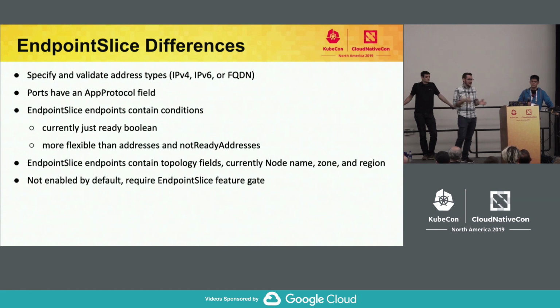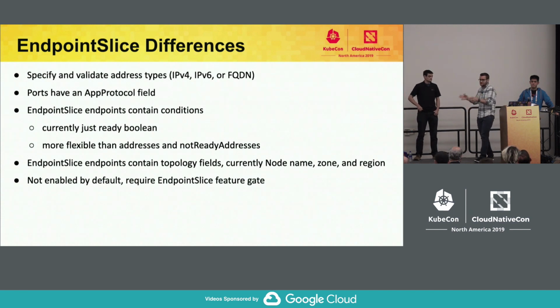Ports also now have an app protocol field. So we already have a protocol field on all ports in Kubernetes, but that's L4, TCP, UDP, et cetera. Whereas with this app protocol field, you could actually specify something like HTTP, which hopefully will be useful for consumers of an endpoint slice API.